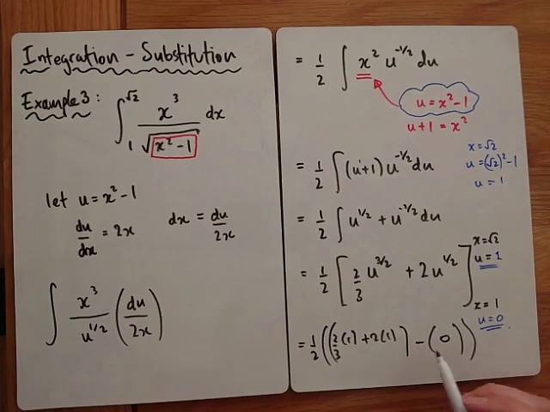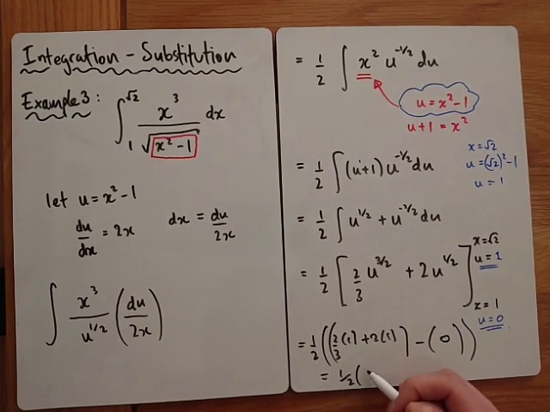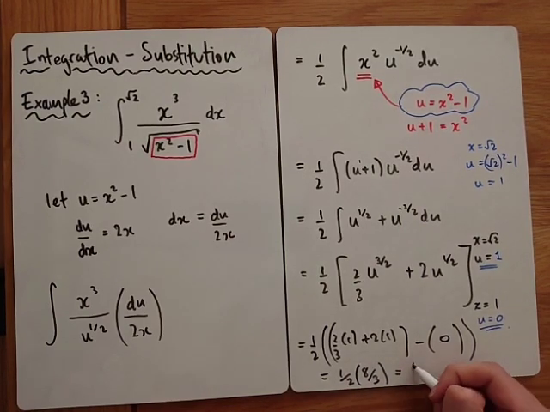So we would end up with 2/3 plus 2, which would be 6/3, 8/3, times by a half. And then you cancel that down, I think we end up with 4/3.